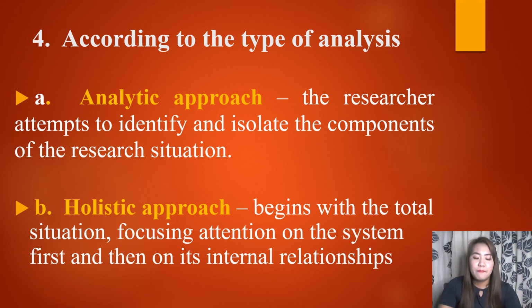So for analytic approach, the use of analysis is to break the problem down into elements necessary to solve it. So each element becomes a smaller and easier problem to solve.